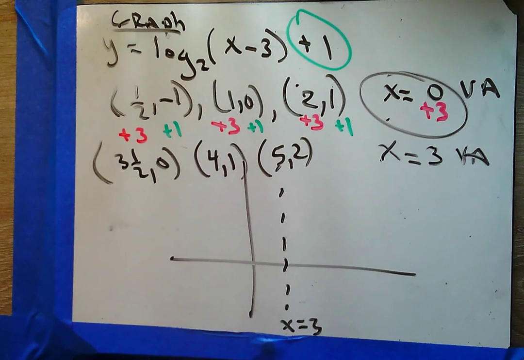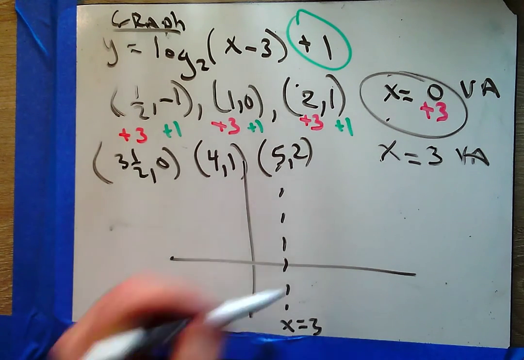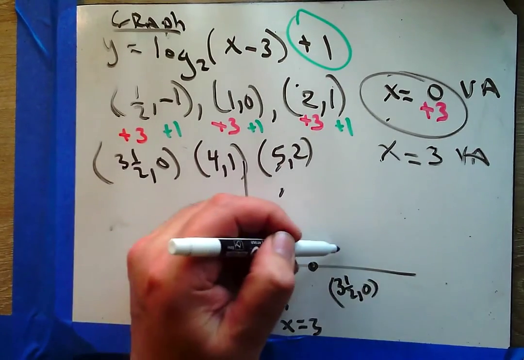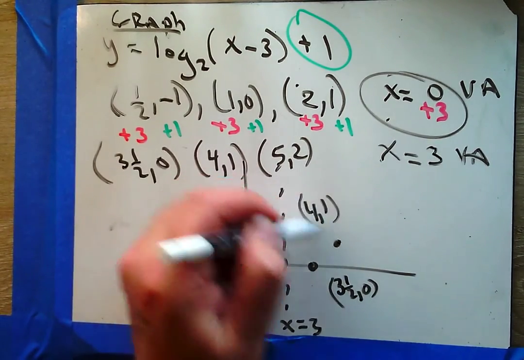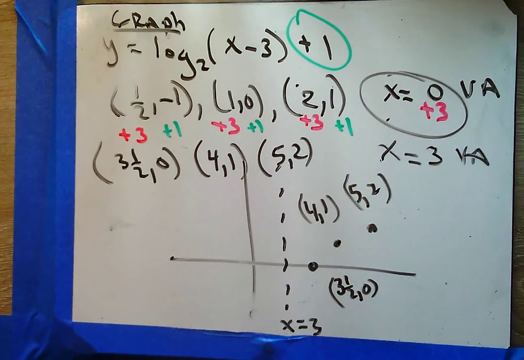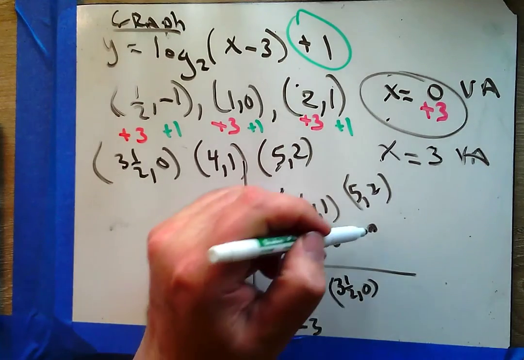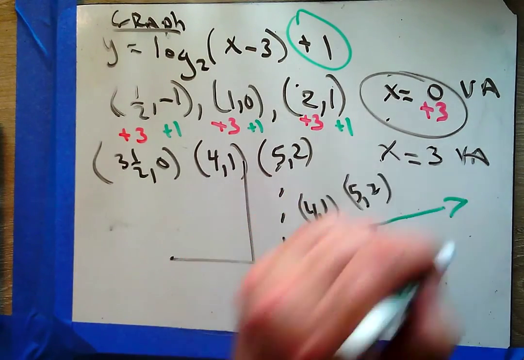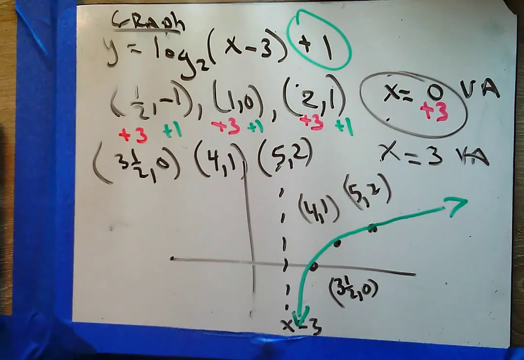Remember, you need to label it on your graph. 3.5, 0; 4, 1; and 5, 2. Okay. Yeah, those are the points. And don't forget to draw in the characteristic shape. All right, so there's the first one.